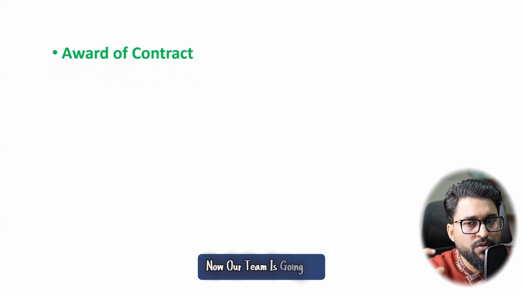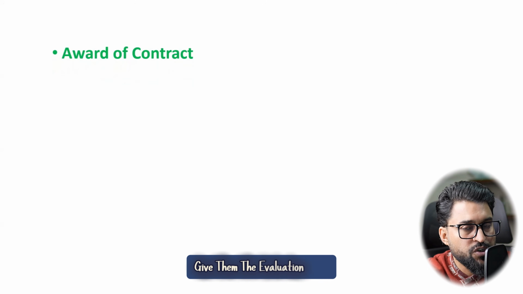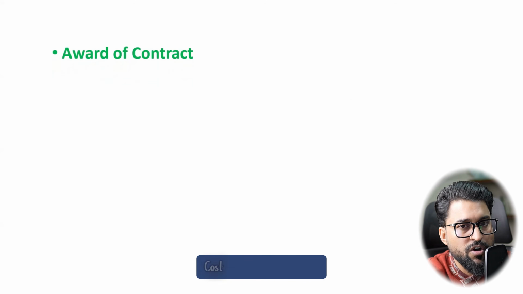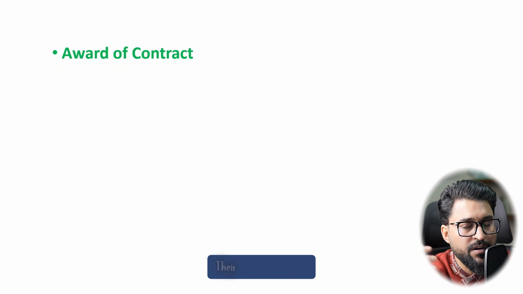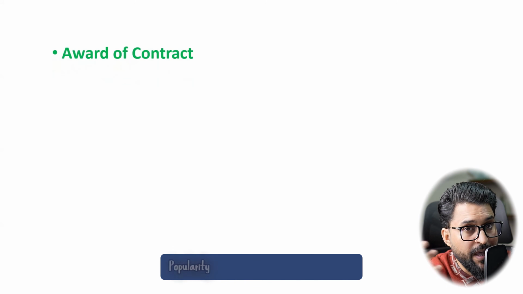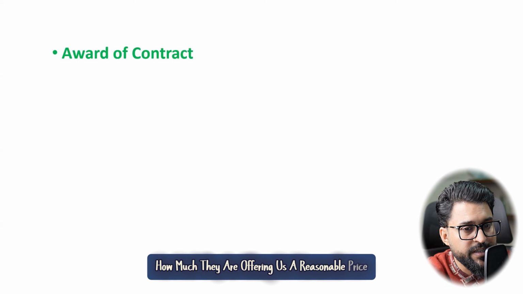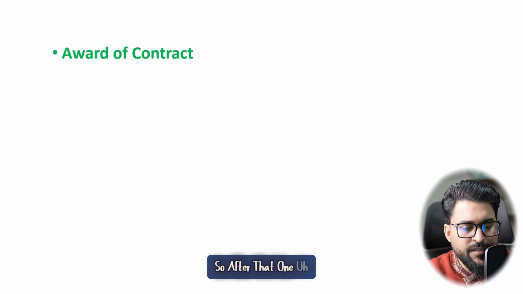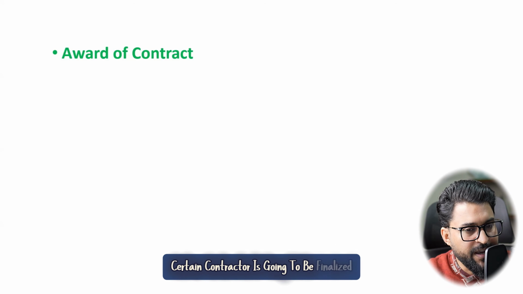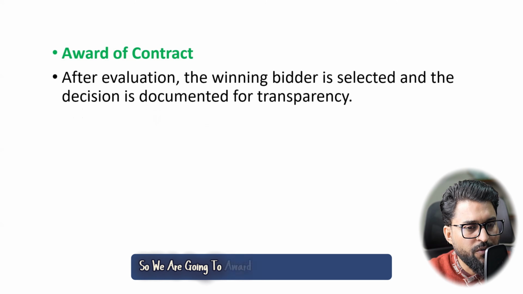Our team is going to give them an evaluation score on the basis of their quality, cost, performance, popularity, and how much they are promising, how reasonable a price they are offering us. After that, one certain contractor is going to be finalized. So we are going to award the contract.